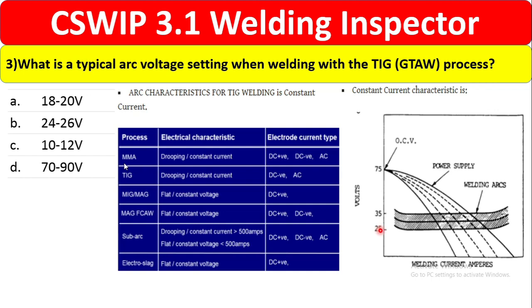It is generating between 25 and 35, it varies. You can see the four options A, B, C, D, so you have to go for B. Option B is the correct answer, 24 to 26 volt. This is the typical voltage of the TIG process. So answer B is the correct one.